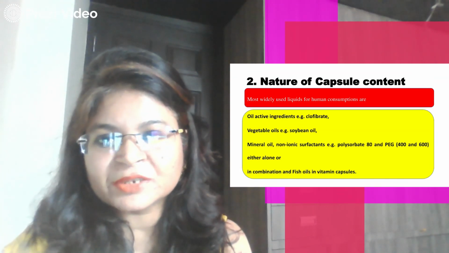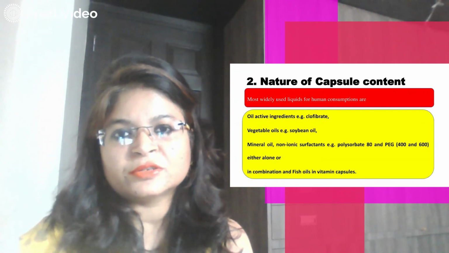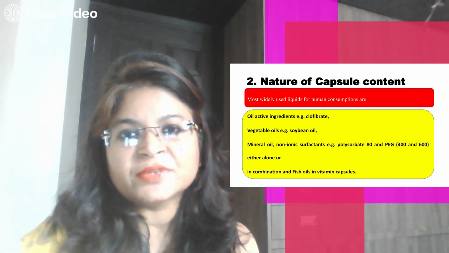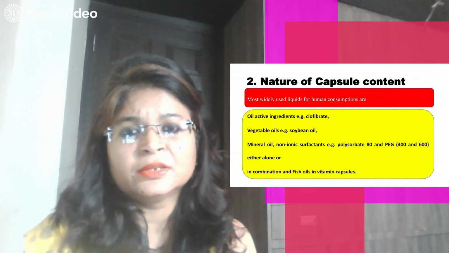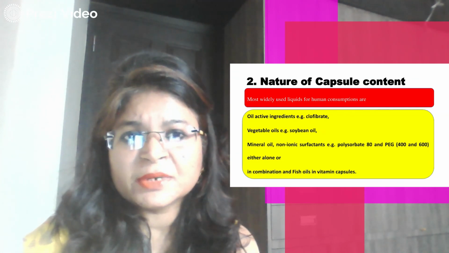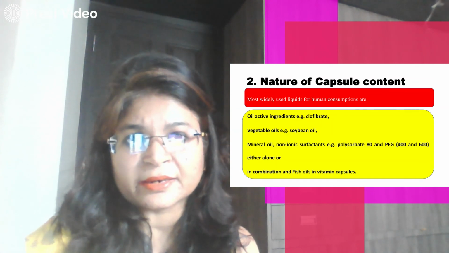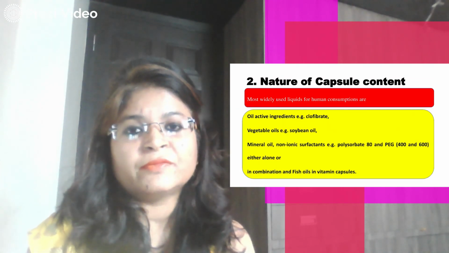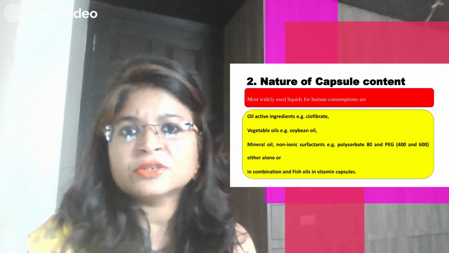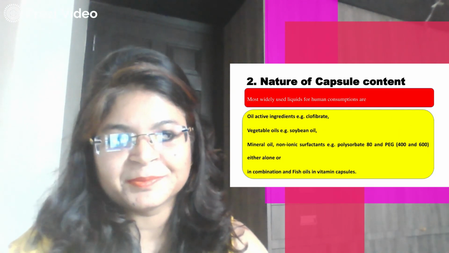You must have also observed that we have seen many soft gelatin capsules like fish oil, cod liver oil capsules, pudin hara. So those substances which are immiscible in nature, having oily characteristics, such as various types of vegetable oils and mineral oils, are found encapsulated very easily into soft gelatin capsules.